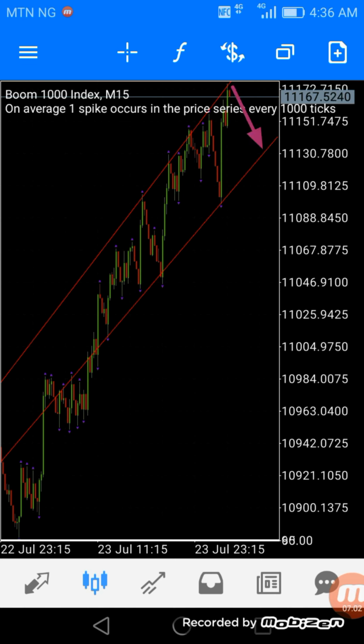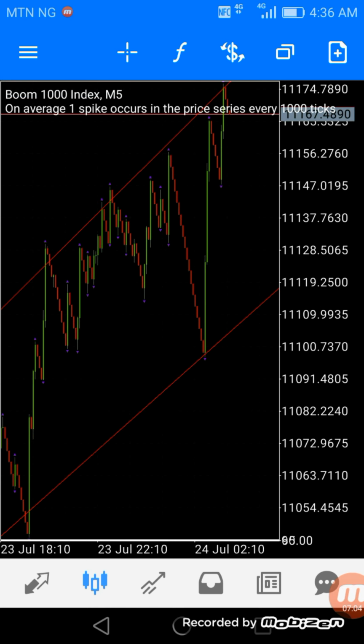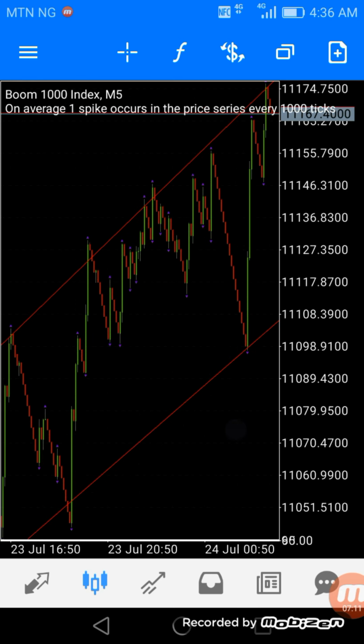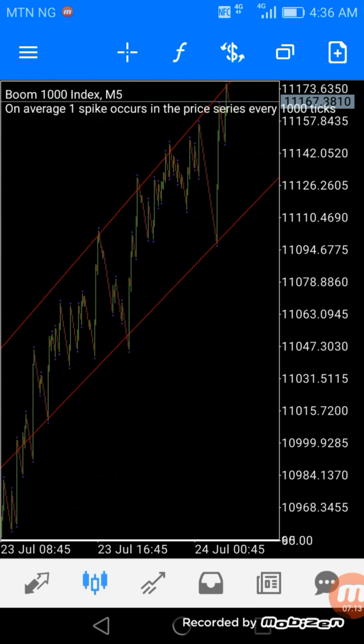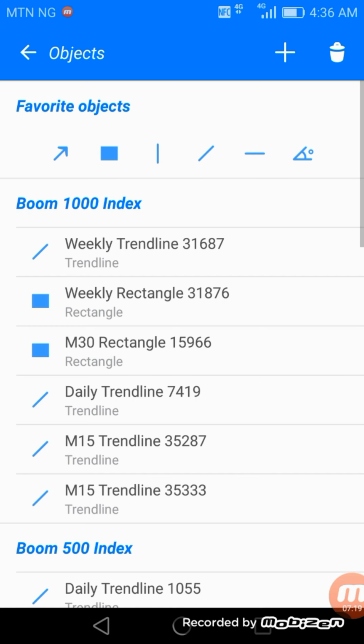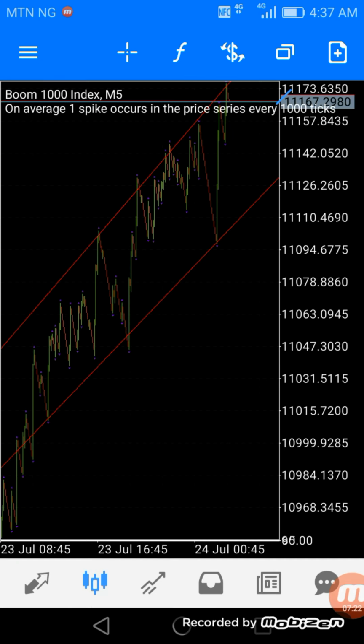Okay, now if you go to a lower time frame like the 5 minutes time frame, you discover another kind of movement within this trend line that we just drew. Okay, so we're going to draw a kind of middle trend line connecting these moves.